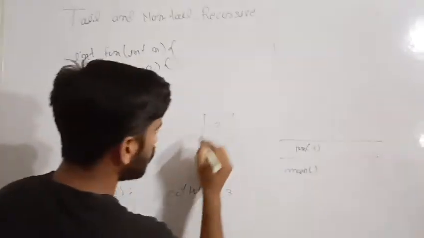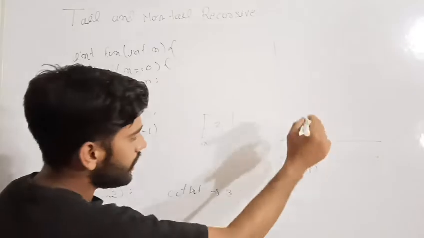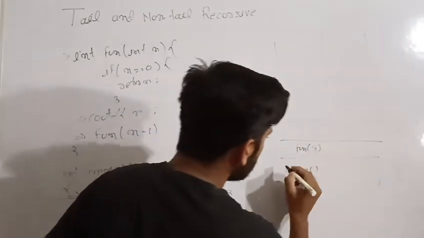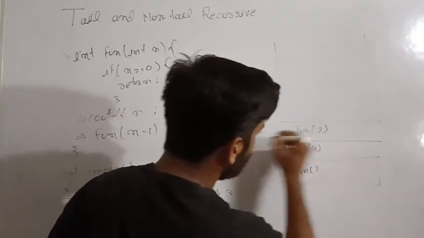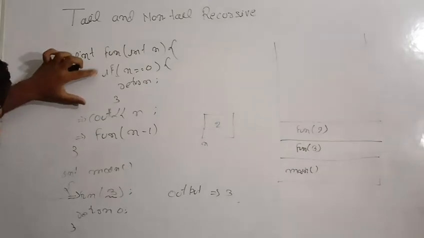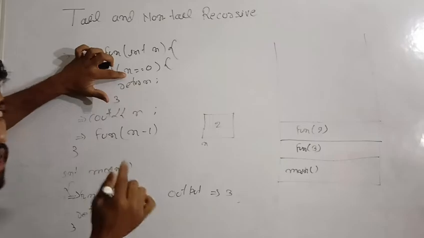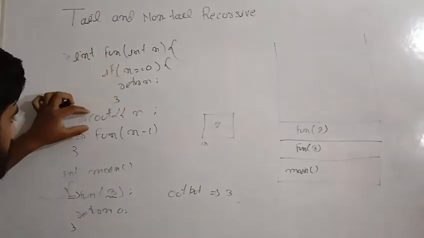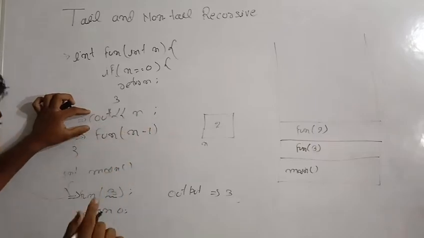When the function calls itself, a new stage is created in the stack, with func 2. Now again it will check if n is equal to 0. No, n is 2, not 0. Then again it will print n.